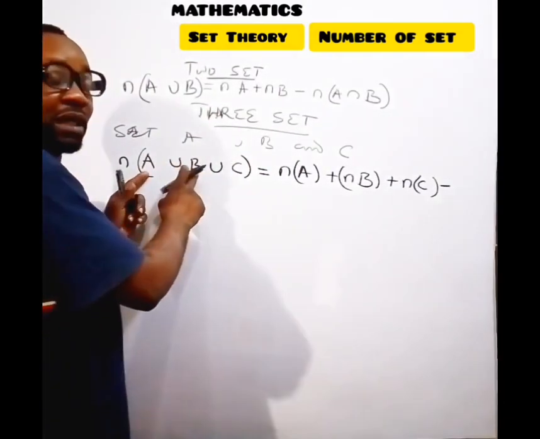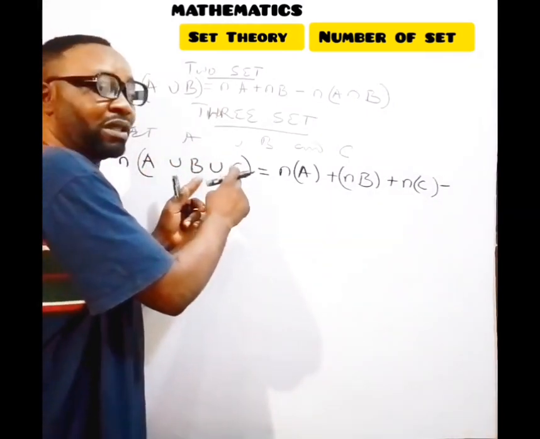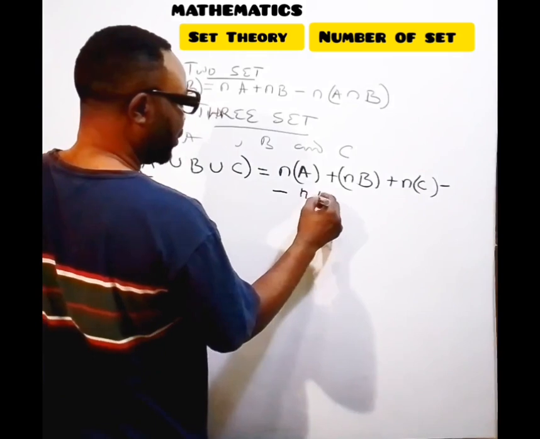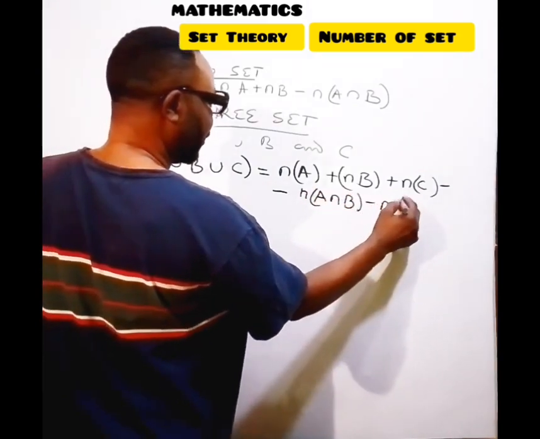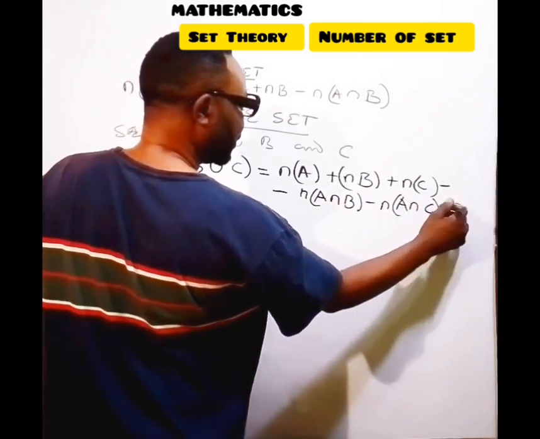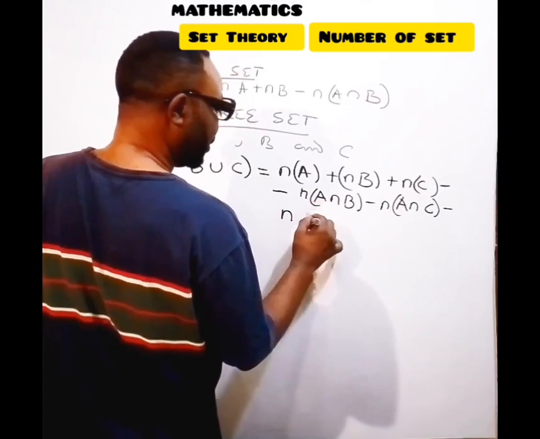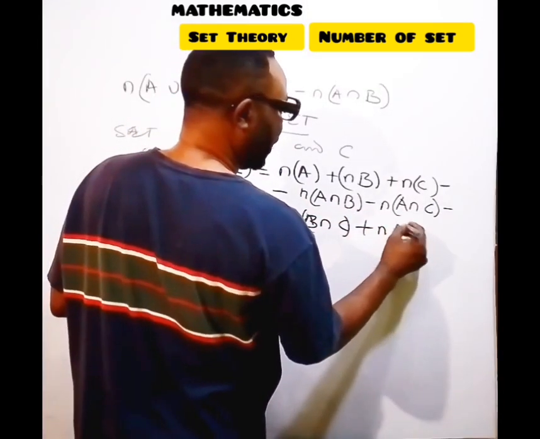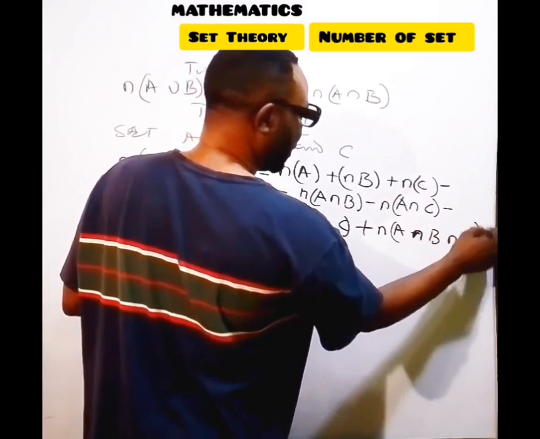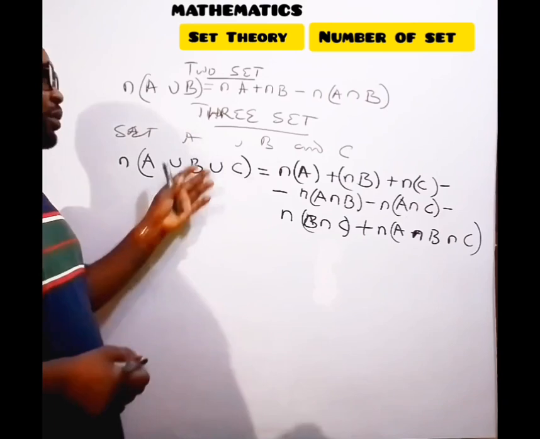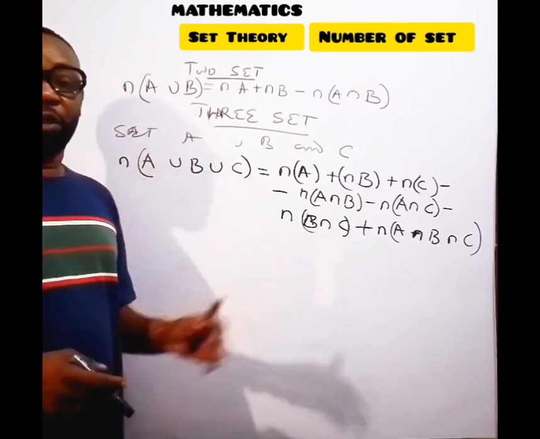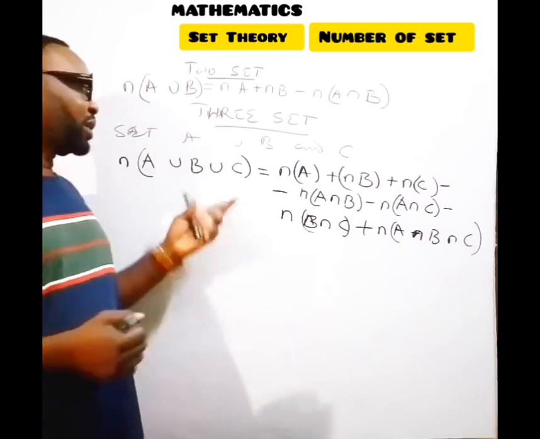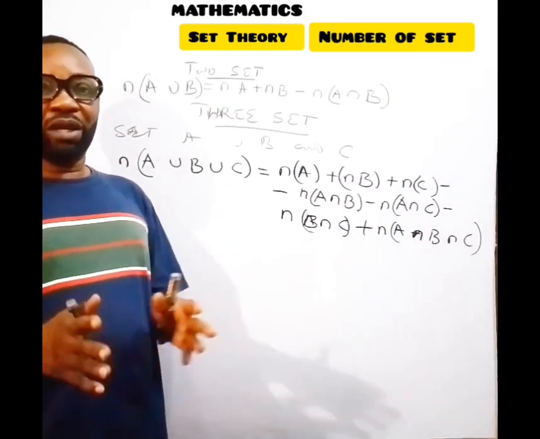You know that A can intersect with B, A can intersect with C, and B can intersect with C. Minus each of those intersection values: minus number of A intersection B, minus number of A intersection C, minus number of B intersection C. You can see none has been left out, plus number of A intersection B intersection C. That is how you get the value when you are finding the number of A union B union C, or when you are working a question that has to do with numbers in set theory.